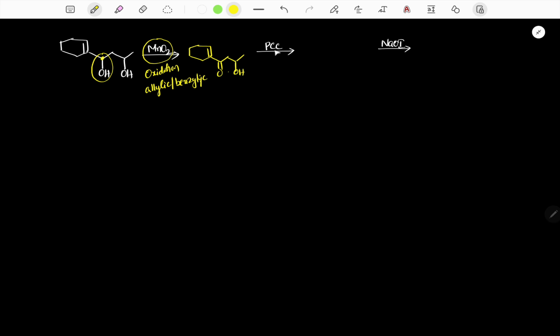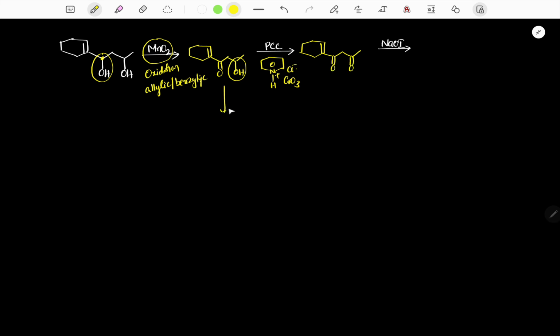Now the resultant product is treated with PCC. PCC is pyridinium chlorochromate. Here the solvent is a non-polar solvent. We know that PCC will not affect the double bond. Therefore the corresponding secondary alcohol undergoes oxidation and produces ketone.